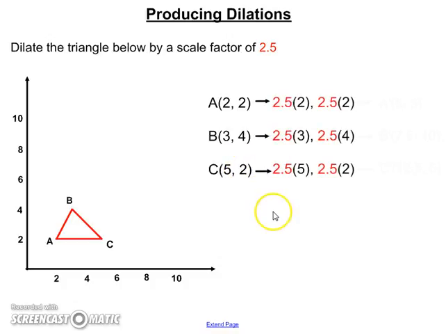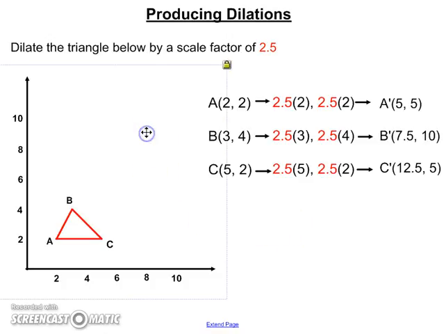In each of these cases, I'm multiplying all of the coordinates by the same scale factor, 2.5. The result is the coordinates 5, 5 for A prime, 7.5, 10 for B prime, and C prime would be 12.5, 5.